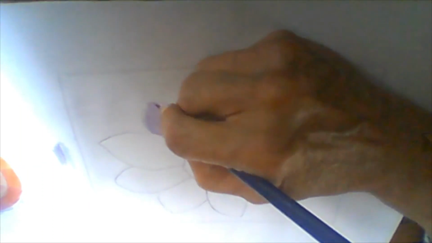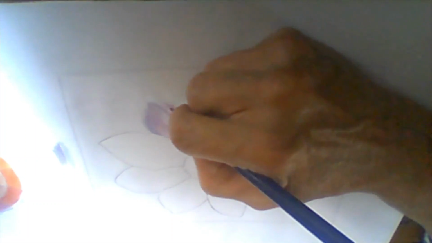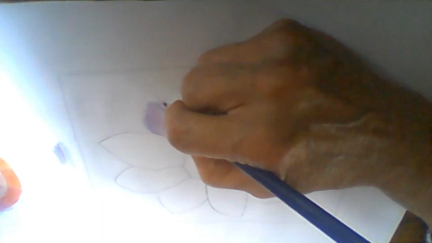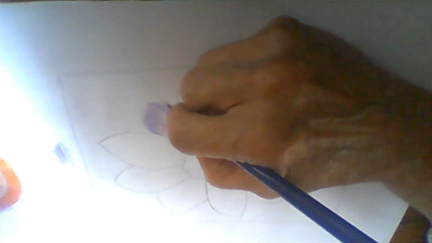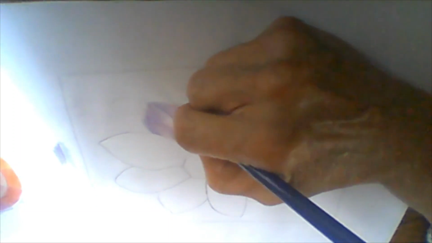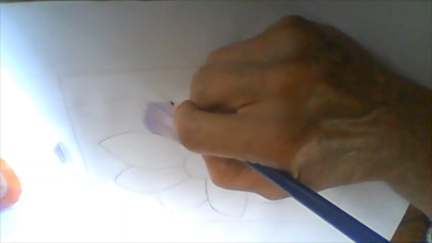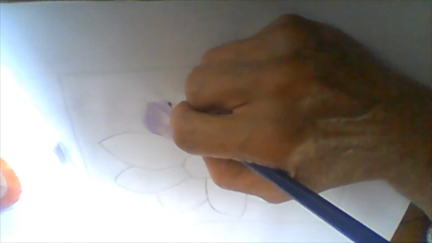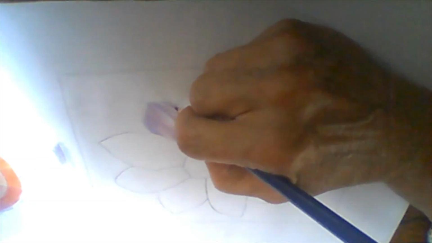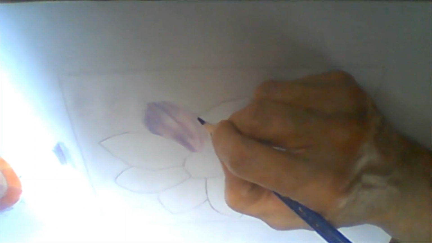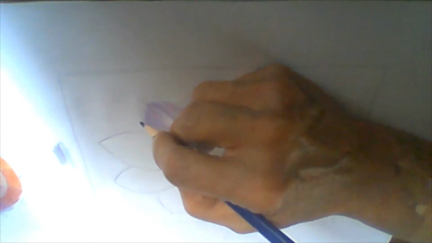Like that. There's a lot of bluish purple here at the tip of the petal. And even a little bit bleeding into this white highlight here. Just a little bit. Add a little bit more here on this side. Okay.